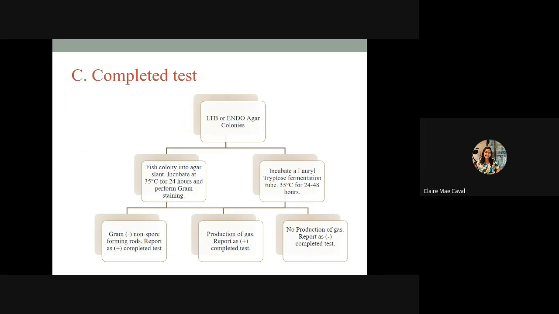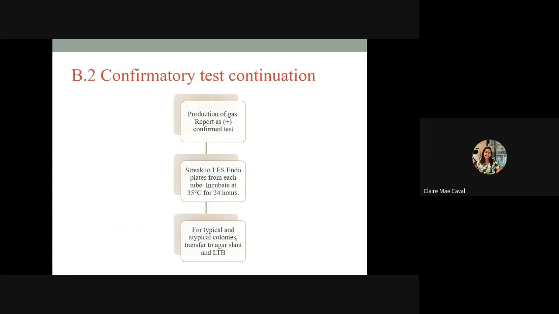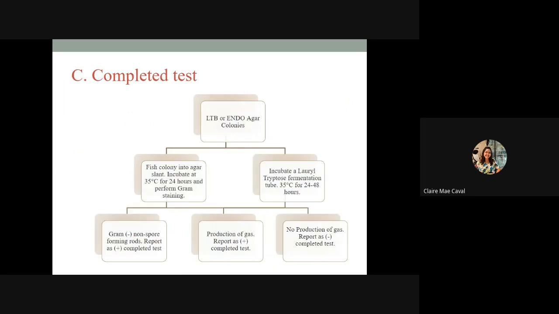First is the presumptive, followed by the confirmatory test, then third, the completed test. In your completed test, you perform gram staining. But DOH only requires until the confirmatory test. So, until the confirmatory test, it is enough to provide information on the result. Okay?